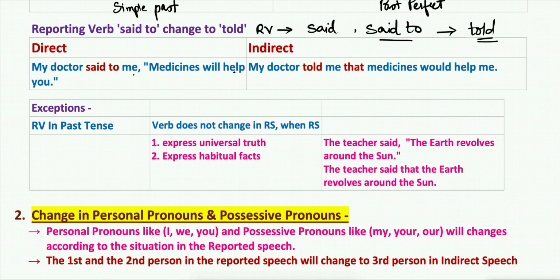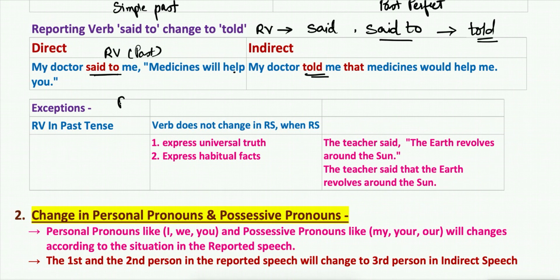Example, my doctor said to me, medicines will help you. So here said to is the reporting verb and it is in past form. If said to is written, it will change to told. So my doctor told me that medicines would help me.